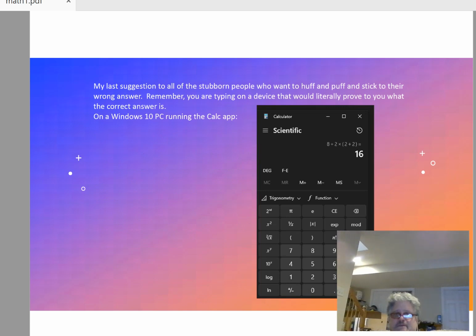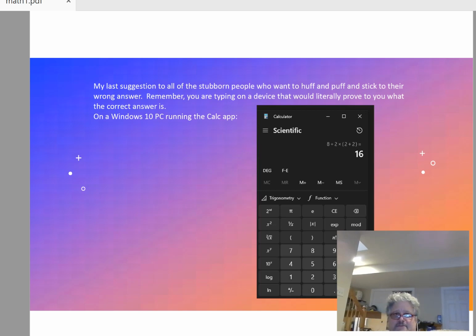And I'll leave you with one last suggestion, and I suggest this for everyone. There are a lot of comments on Facebook about what's the right answer, what's the wrong answer. People claiming, oh, you go left to right. In my day it was this, in my day it was that. There are a lot of stubborn people who want to stick to the wrong answer. But remember, when you're typing these comments, you're typing on a device that would literally prove to you what the correct answer is.